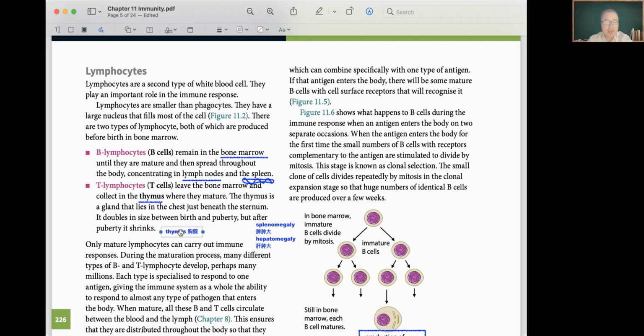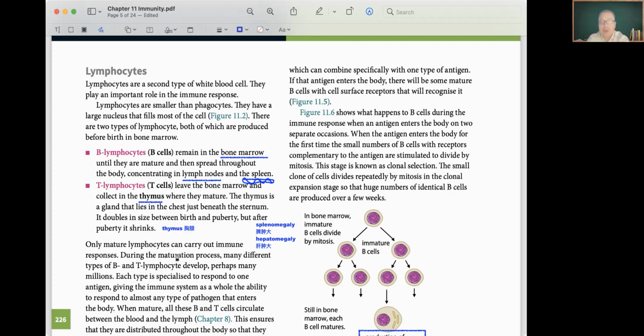Let me tell you that when a person reaches adulthood, the person's thymus will not be active anymore, even though there is some remnant. 就是人长大了之后，胸腺它就没有活性了.